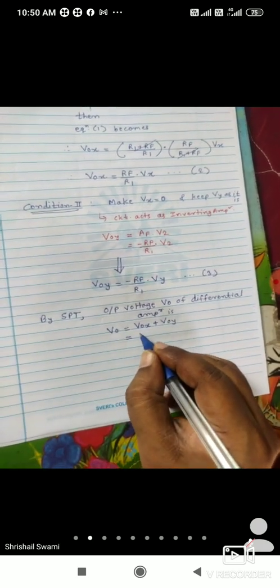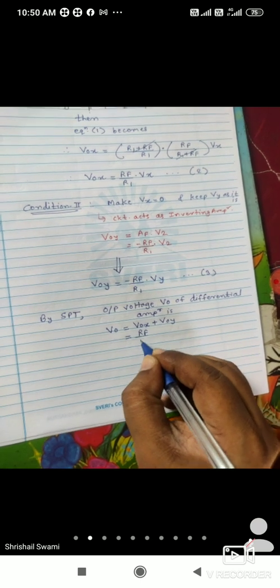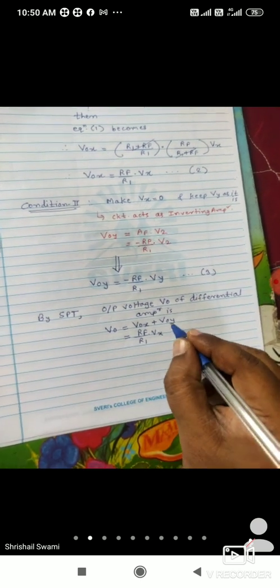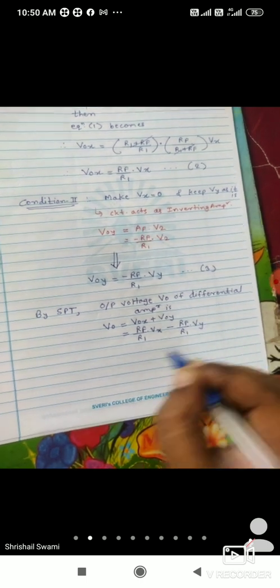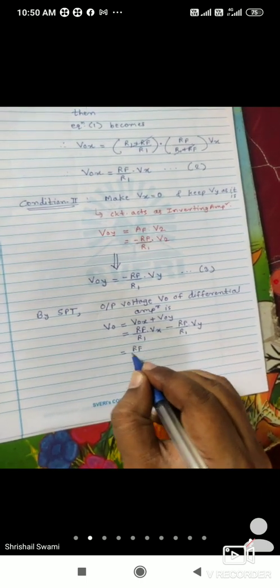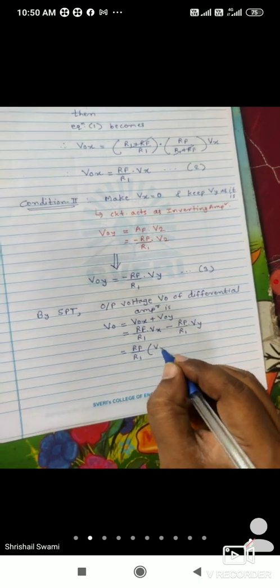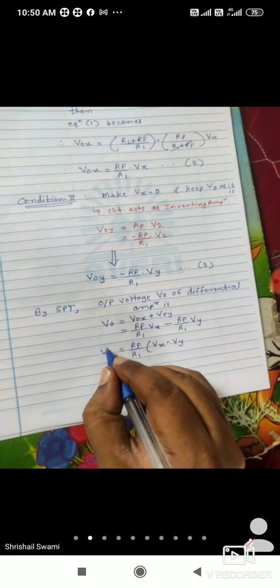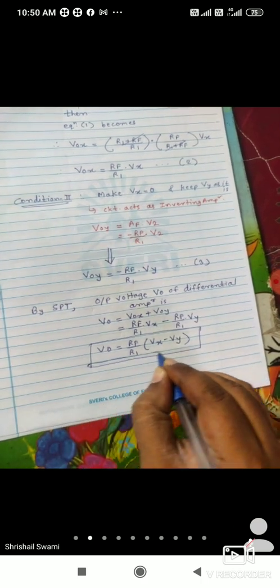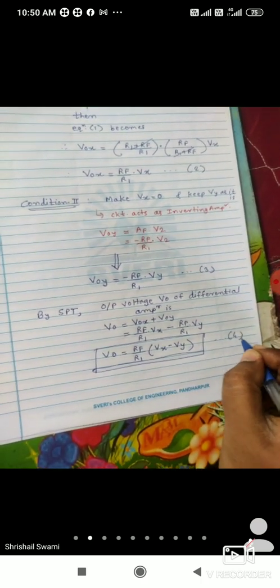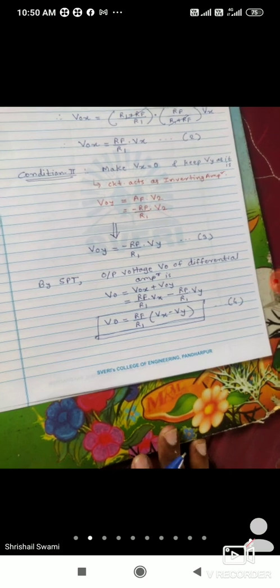So V0x is Rf divided by R1 into Vx, and V0y is minus Rf divided by R1 into Vy. So Rf divided by R1 you can take common, in bracket Vx minus Vy. So this is the final expression of the output voltage. This is equation number 4.